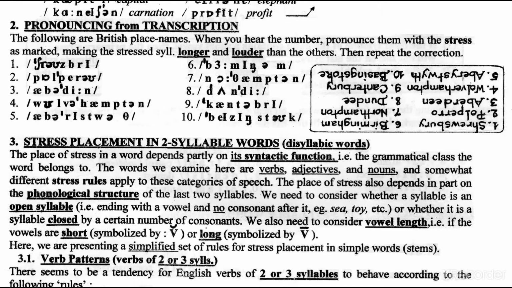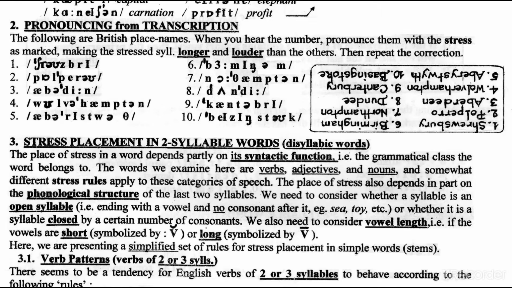Then repeat the correction. Okay, so I'm going to read the words for you, and you try to repeat them. Of course, you have the correct spelling for these British place names inside the box. So I'm going to try to read for you all the British place names.